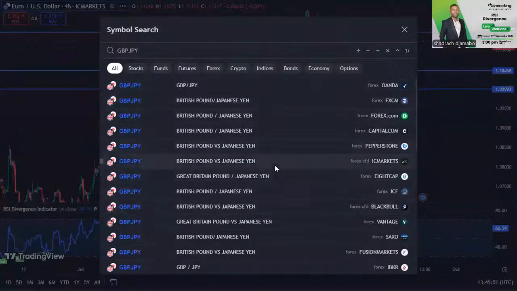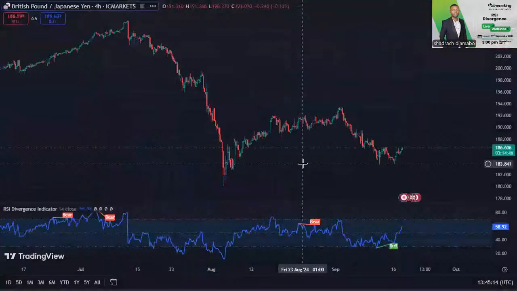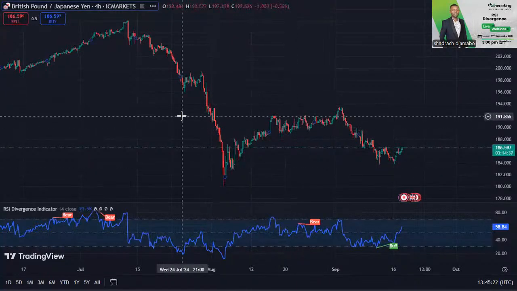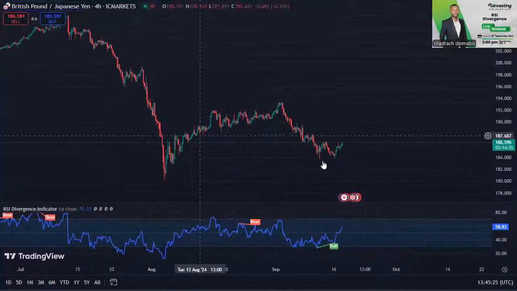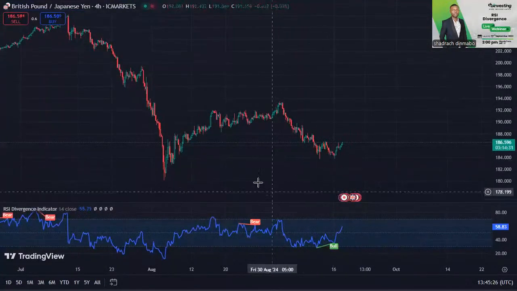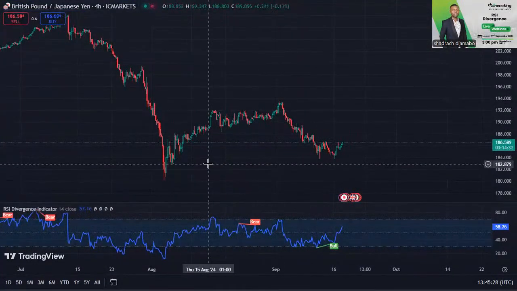Let's see if we can see a current market on GBP JPY. Okay, I think we got one here, very clean. This is the 4 hours. So we are going to anticipate this current market.